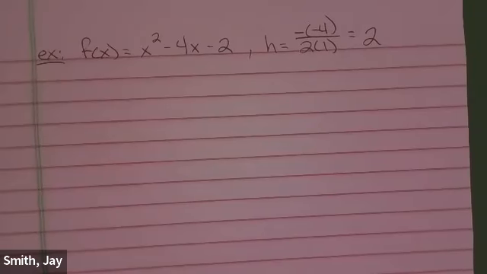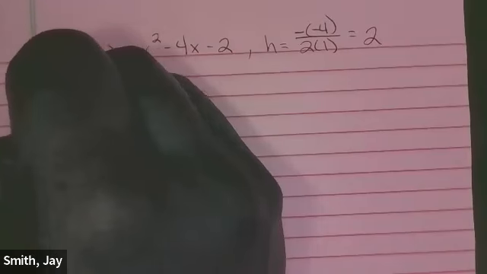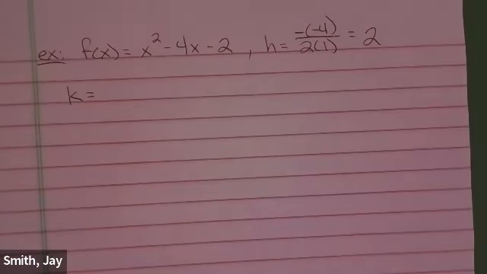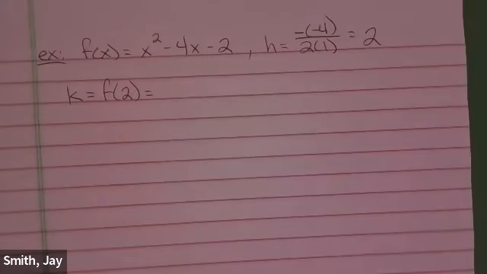All right, so we have our x coordinate in our vertex. In order to find the k, we take our value for h and run it through our given function. So our k for this problem will be f of 2, where we replace every x in f of x with 2.